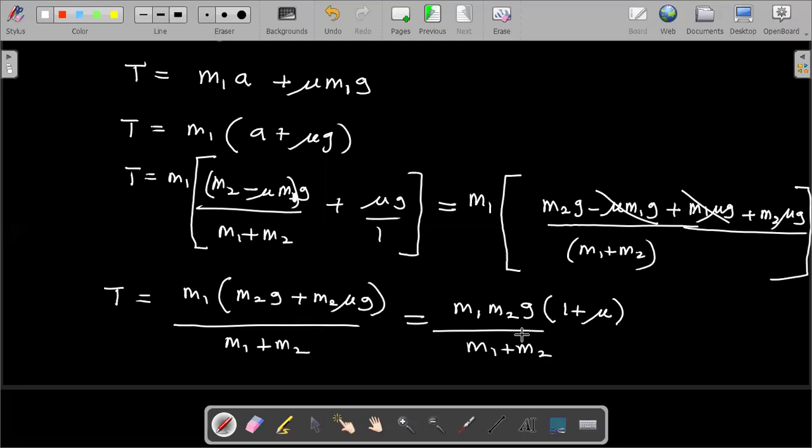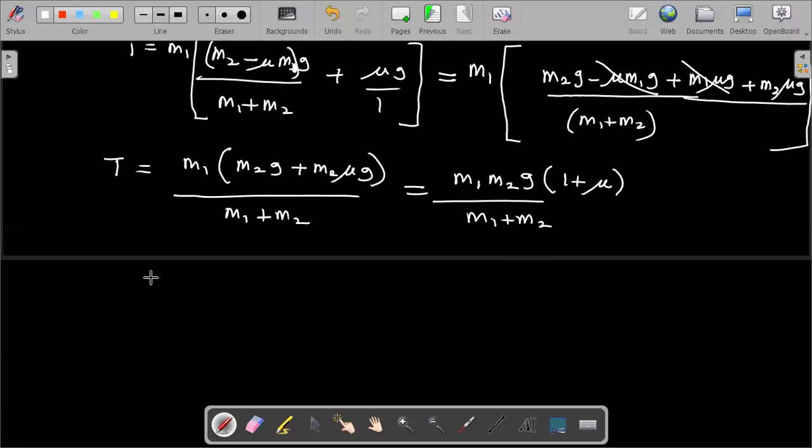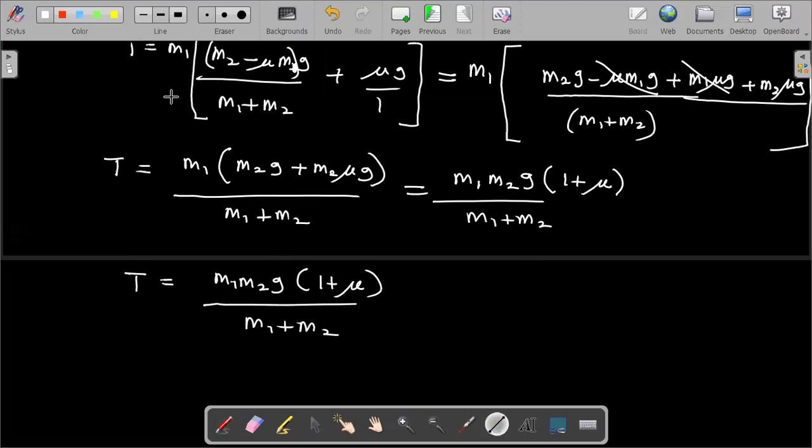So this gives us the tension in that case as m1 m2 g into bracket 1 plus mu, which is our coefficient of friction, divided by m1 plus m2.